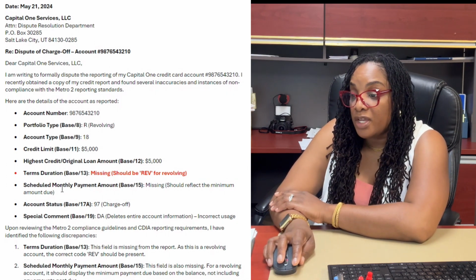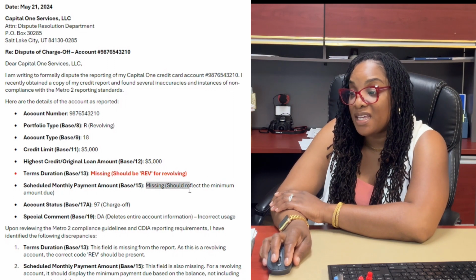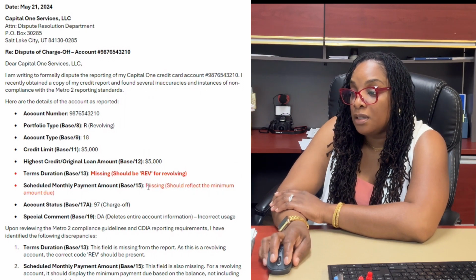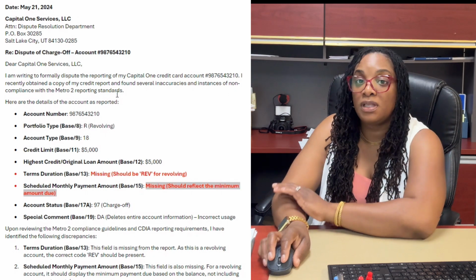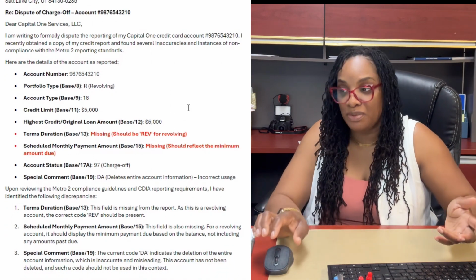Now scheduled monthly payment amount, base segment field 15, is missing as well, and I will be disputing that too. So you're going to want to call out and highlight every Metro 2 field that they're missing or not reporting, because that's your dispute reason.